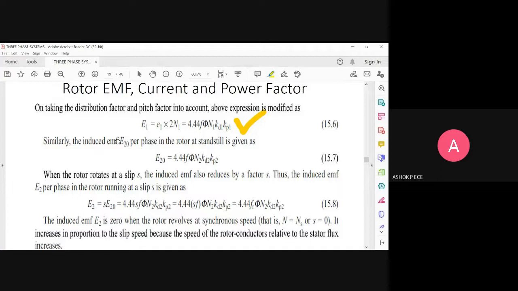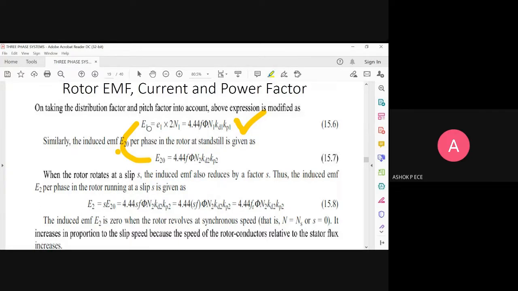If you want to do the same thing for the rotor, we can write the same thing. Only the suffix will be 2. So when the motor is at standstill, we put E2 naught. E2 naught will be equal to 4.44 φ f N2 KD2 KP2. So once we derive the expression for the stator, the same thing will be for the rotor.